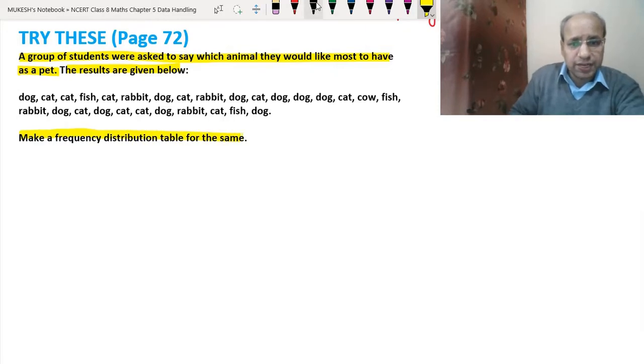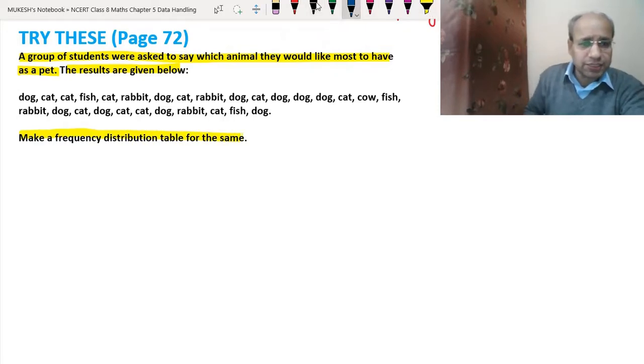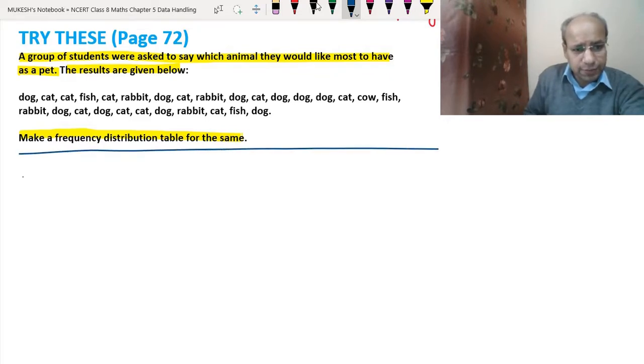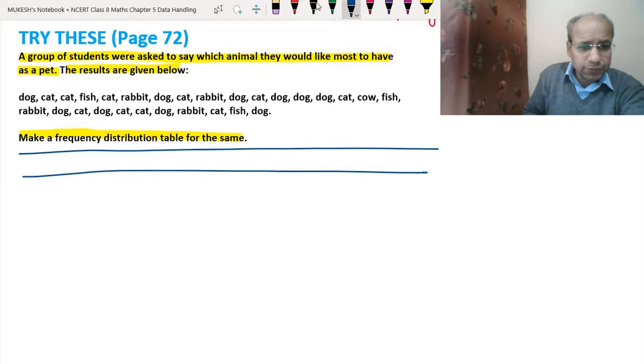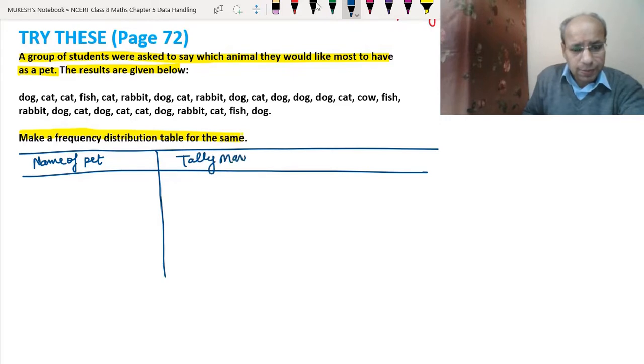The same way that we made the above table, we will make this table also. First let's draw the lines. This is the pet, so we will write name of pet. Then we will write the tally marks, and then the number of students. This number of students is also known as the frequency.